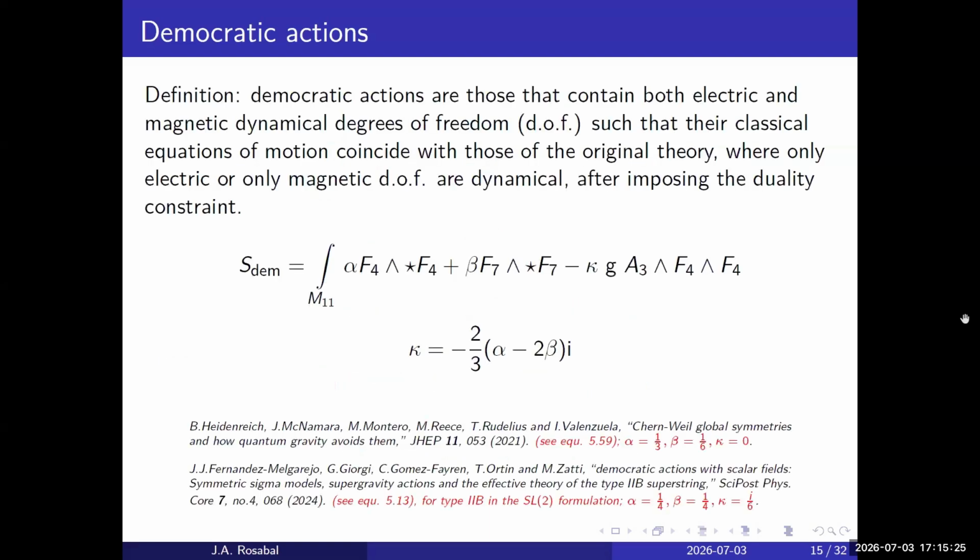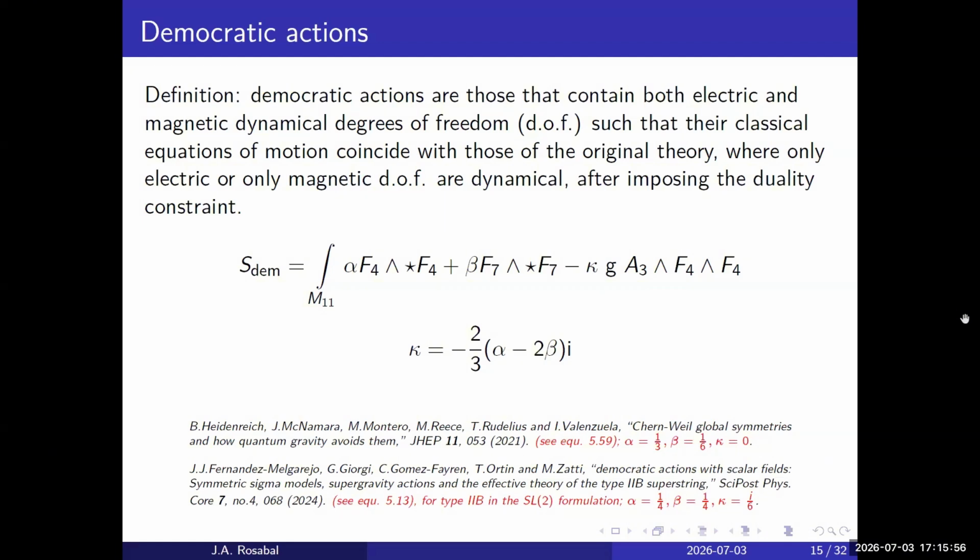So this is the definition of the democratic theory. When you go to the literature, there are several democratic theories. This is related to your question. You can find the one that I'm using here, which is the one that is adapted for this calculation. You can find two versions, one with these coefficients, alpha, beta, and kappa, and one with these coefficients. And you will see what happened at the end related with this coefficient.